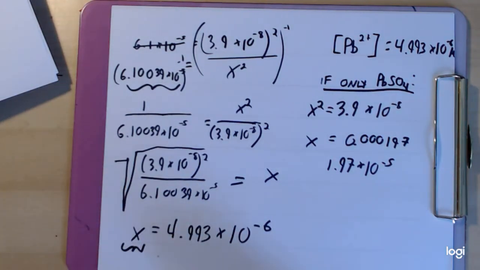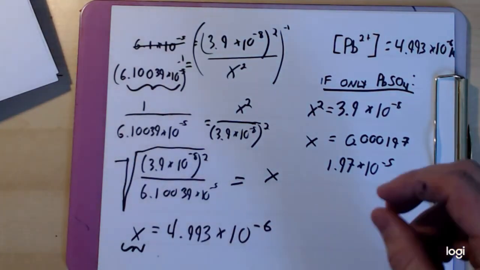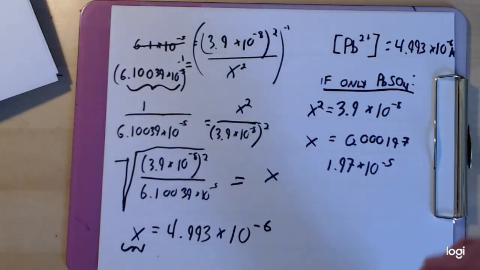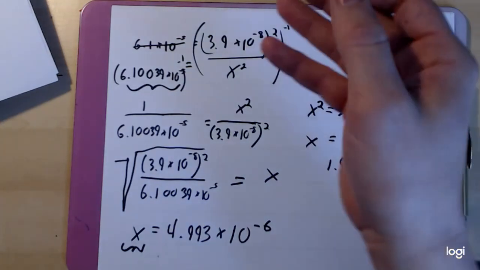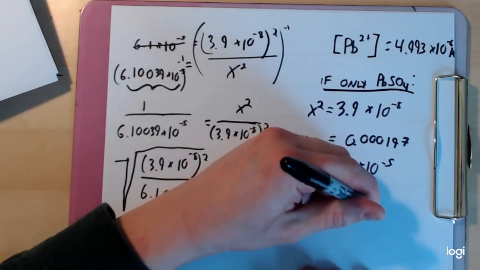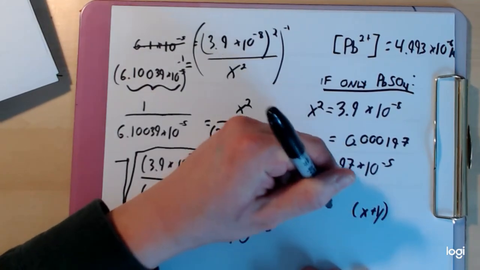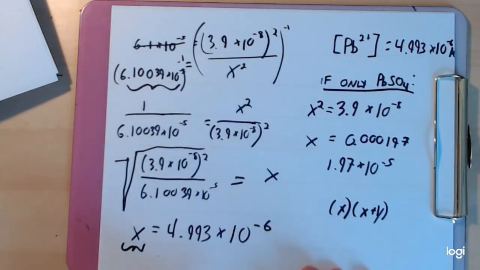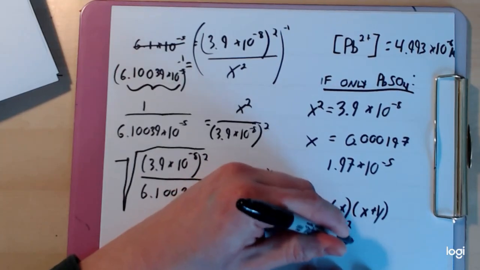And this is called the common ion effect. So if you have a salt like calcium sulfate, and you're trying to dissolve another salt that shares an ion with that, like lead sulfate, the solubility of the lead in that lead sulfate is going to be much less because the other salt, the calcium sulfate, is contributing sulfate to that equilibrium constant, and you have this x plus y thing going on instead of just being x squared.